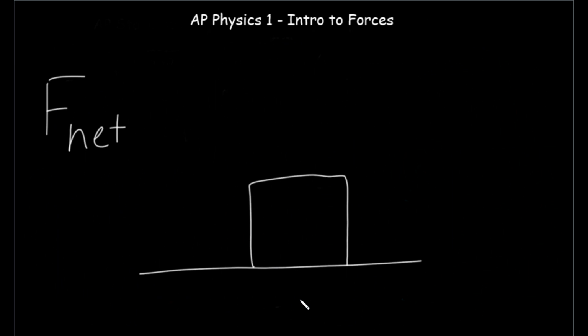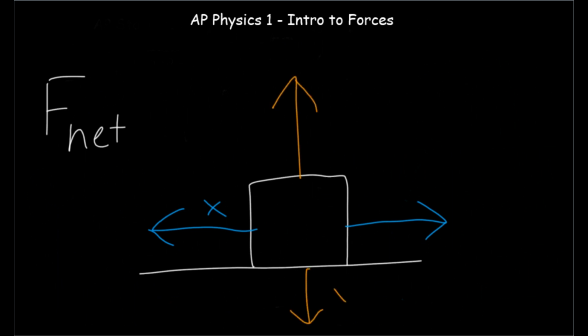Okay, so the net force is basically equal to the net force. And there's two types of net forces. There's net force in the x direction, and then there's net force in the y direction.